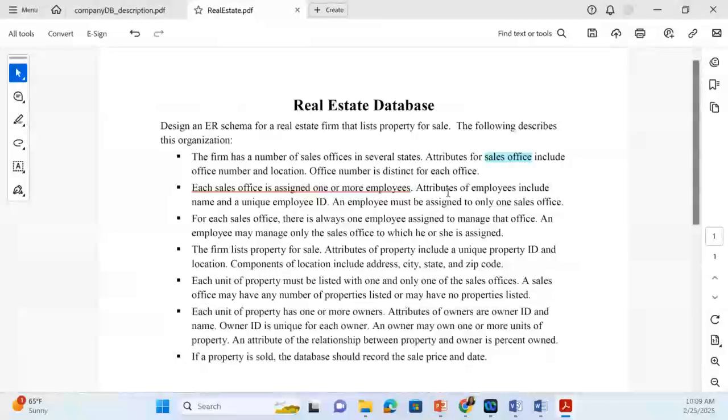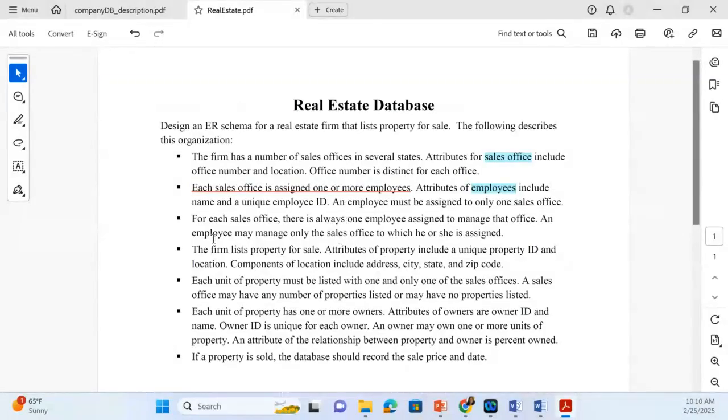You see the attributes for the employees, so once again we can tell that we're going to model employees as an entity type because it has several attributes. Also, an employee must be assigned to only one sales office. This may be used later when we decide the constraint for the relationship type.